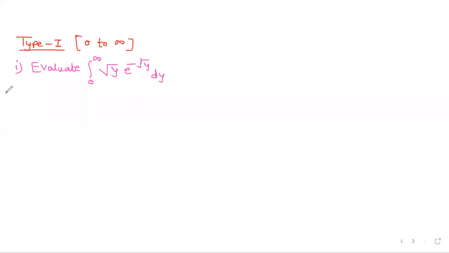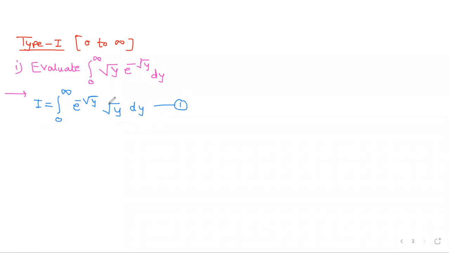So the variable can be y, x, t, anything can come, but the form must be of the gamma function. Now see here, the integral is with limit from 0 to infinity. First we will write the exponential function, that is e raised to minus of root y, and into this root y on the side, and dy. This is equation number 1, suppose.